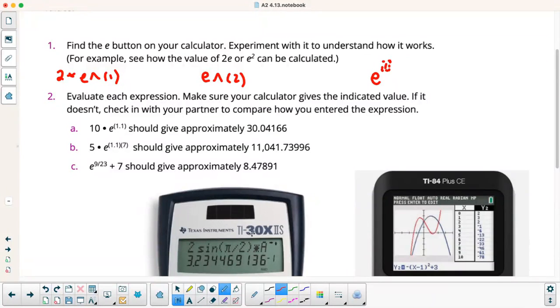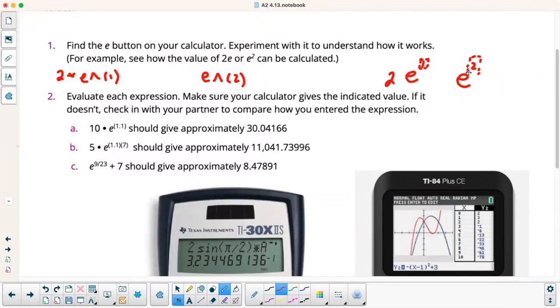That's on this TI-30X2S. If I had the 84, that one you could type it in as e to e, just like that. I think you'd have to put to the first. Or if I wanted to do e squared, I could just do e, and I just put a 2 in there.